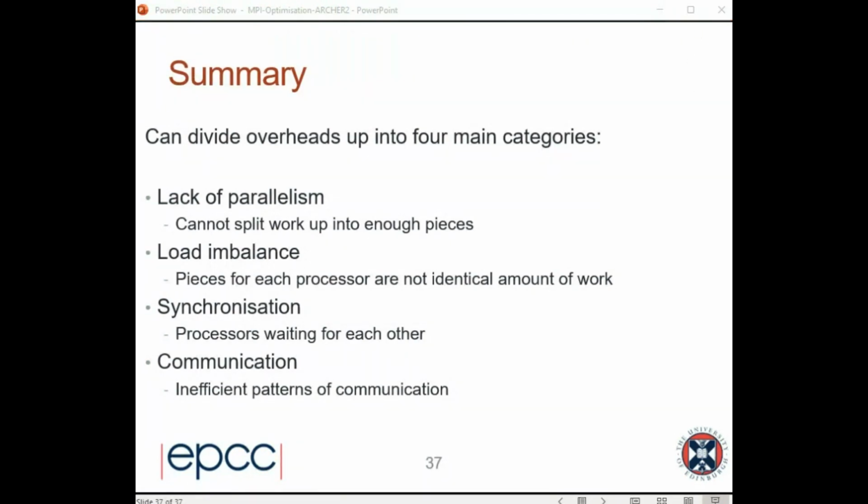So the exercise for this is quite simple.